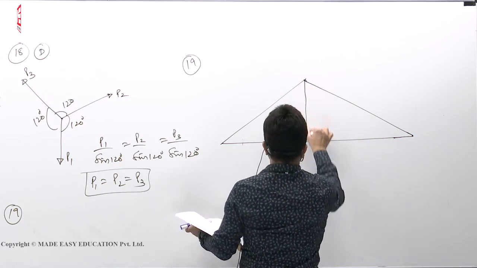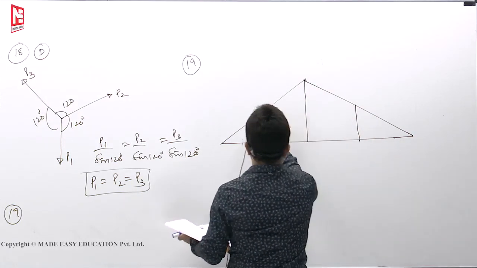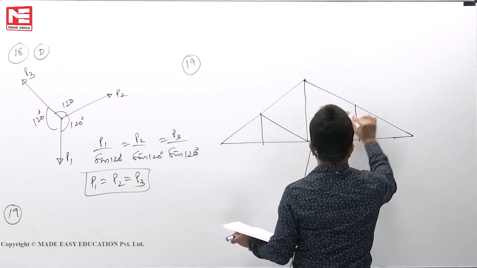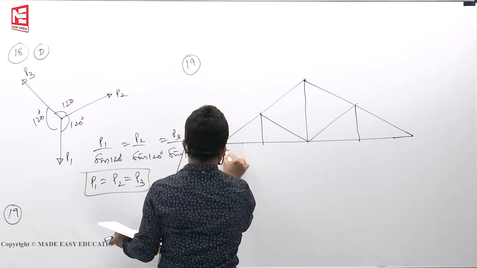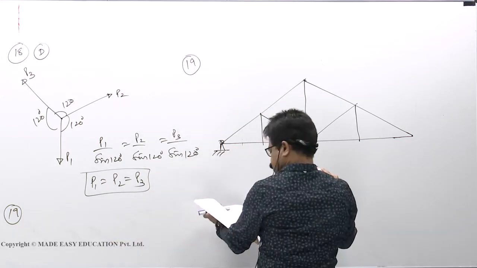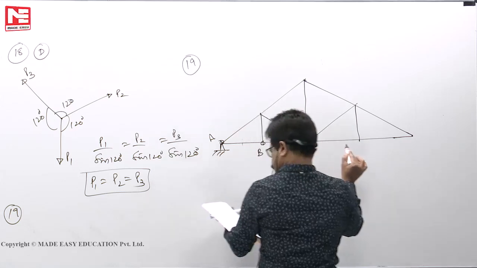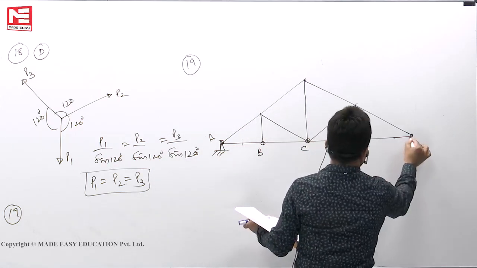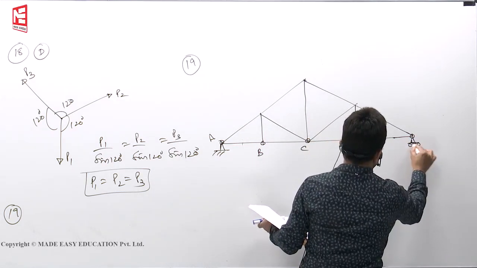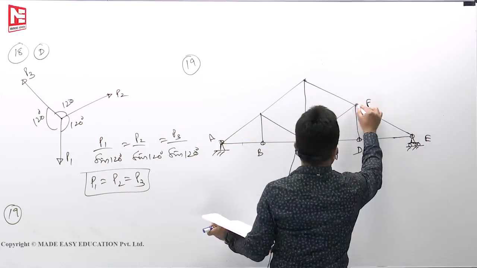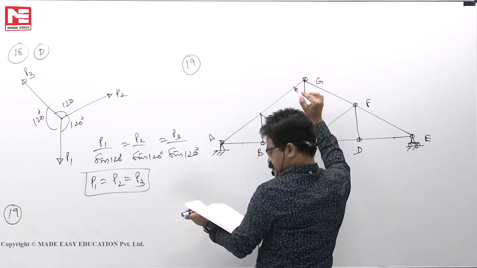Hinge. This point you take say A, B, C, D, E, F, G, H.